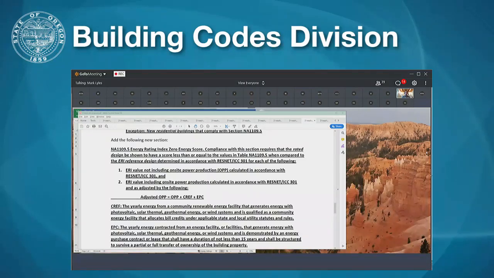So it can be a combination of on-site and off-site renewable energy to get that ERI score down to 0. The ERI scores that we pulled here for our proposal are from both the IECC and ASHRAE 90.1 for our climate zones.